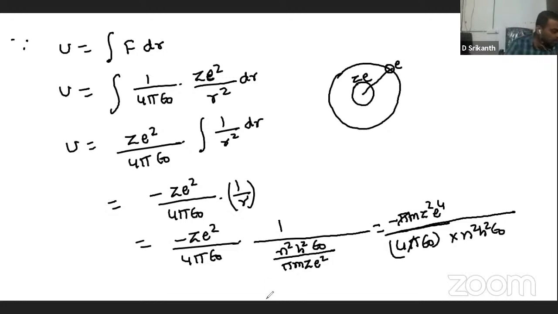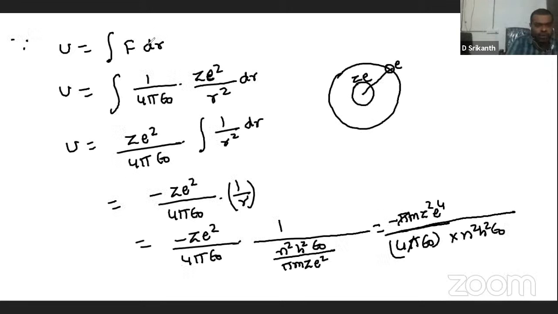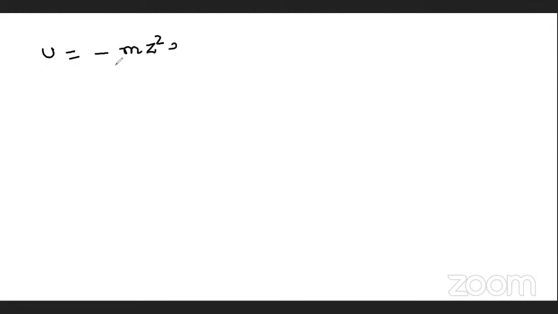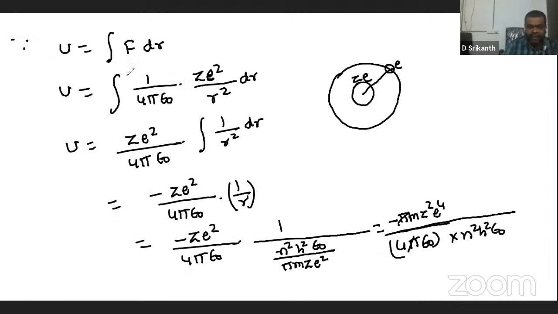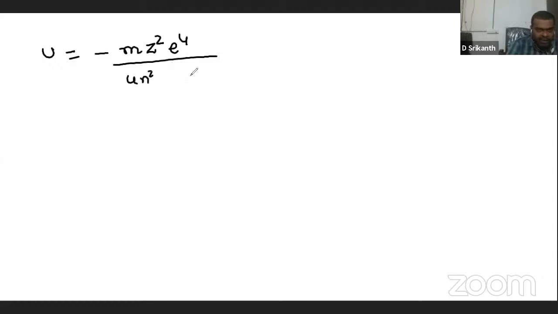So potential energy U is equal to minus mZ square e power 4 divided by 4 n square h square epsilon naught square. That is the potential energy.